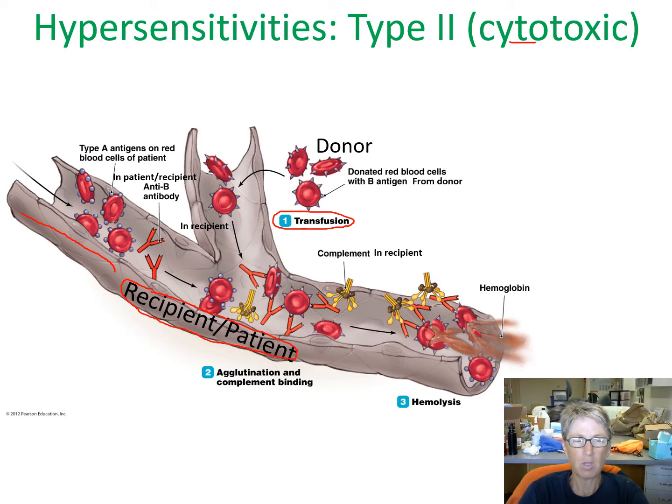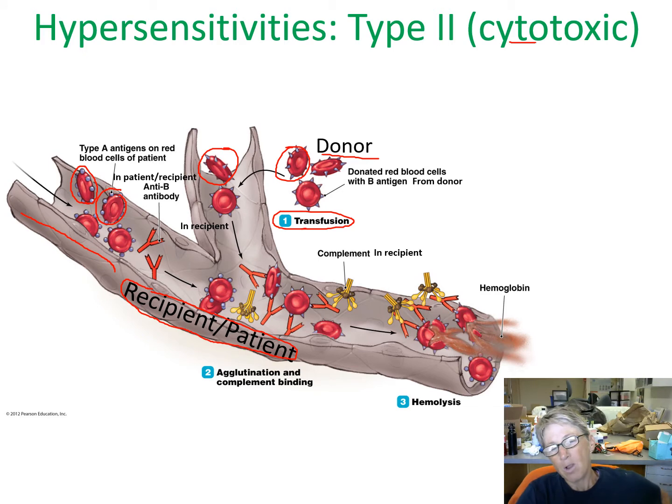Now this gets a little tricky. These red blood cells up here are the red blood cells of the recipient, the patient. These red blood cells here are the red blood cells of the donor.